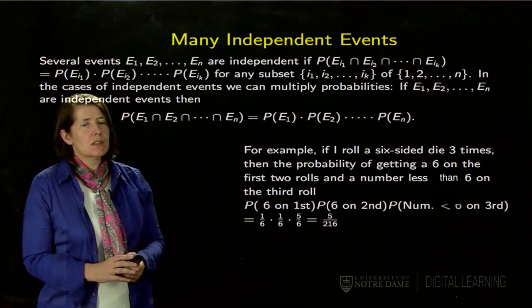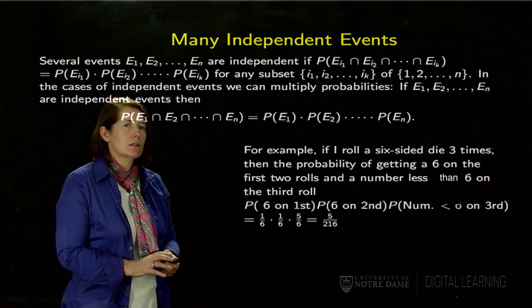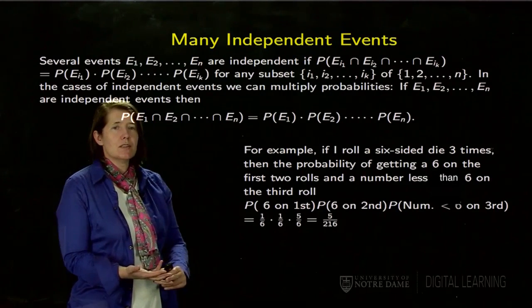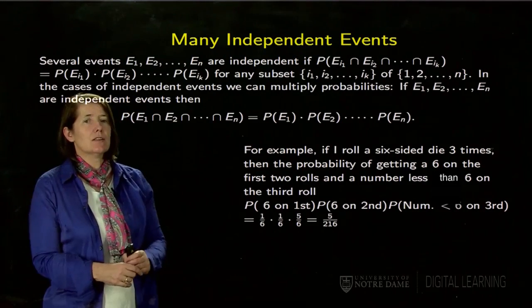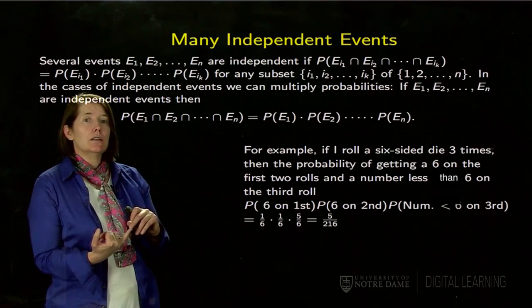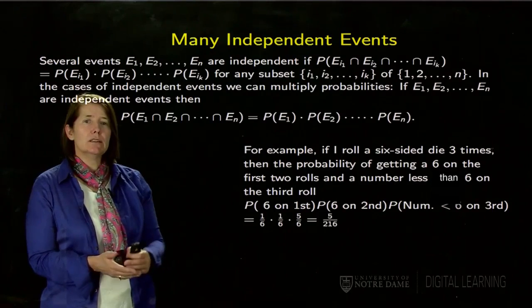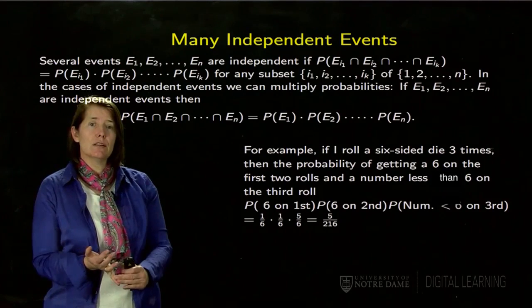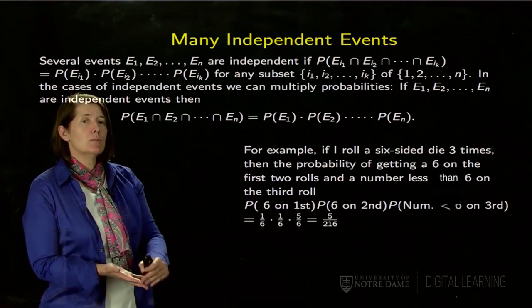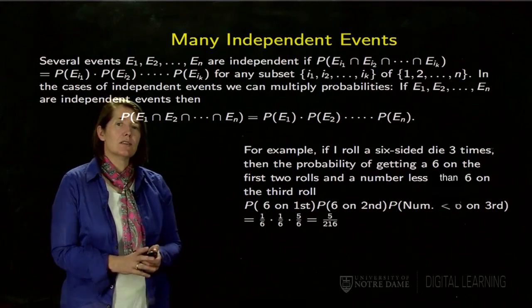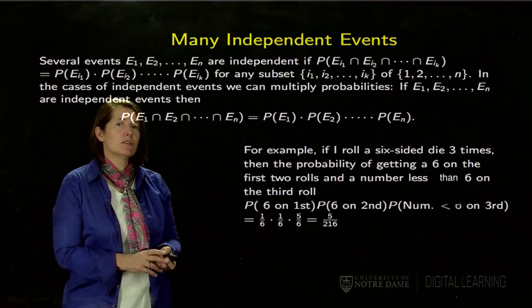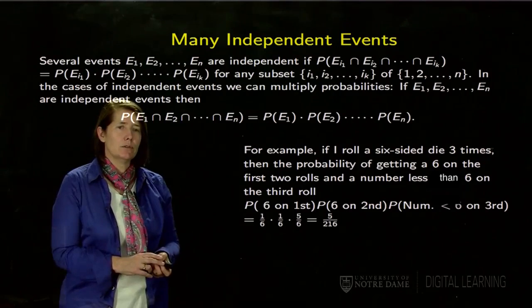So if I roll this 6-sided die 3 times, the probability of getting a 6 on the first, a 6 on the second, and something less than a 6 on the third should be, since these are 3 independent events, the probability of a 6 on the first times the probability of a 6 on the second times the probability of something less than a 6 on the third, which is 1 over 6 times 1 over 6 times 5 over 6, which is 5 over 216.